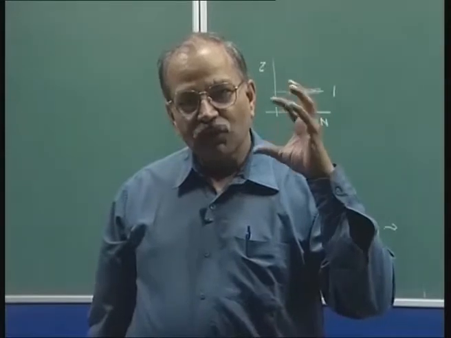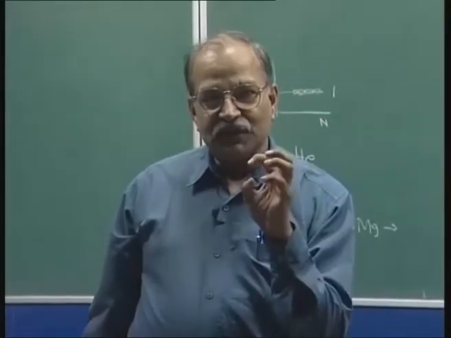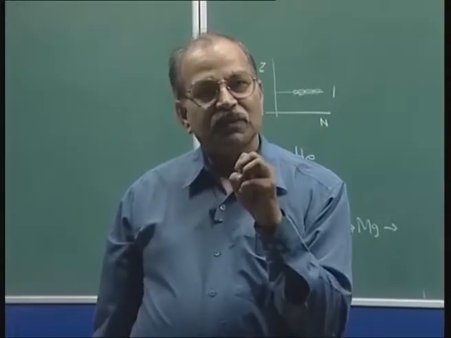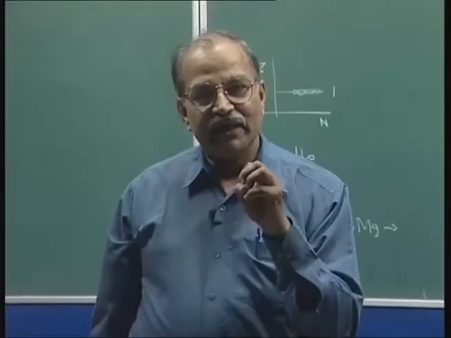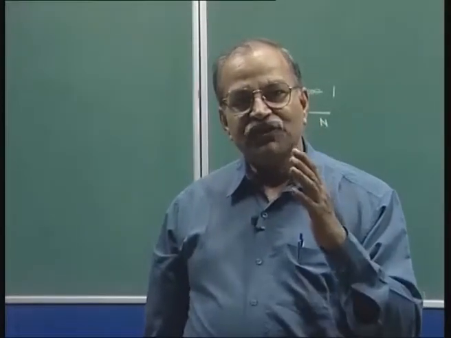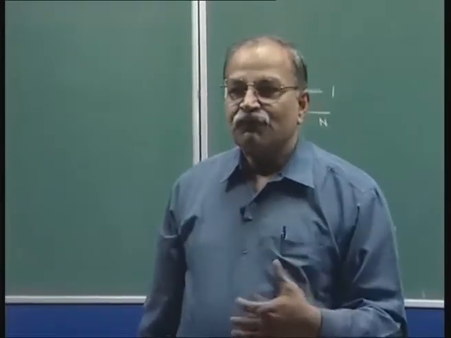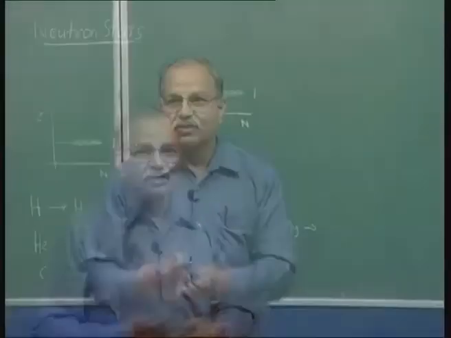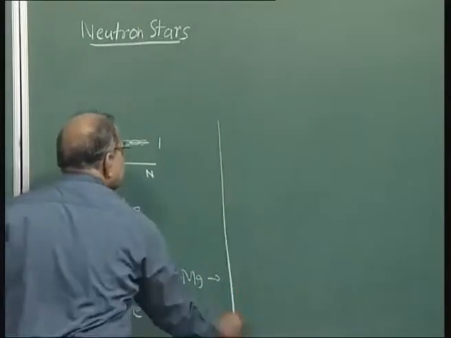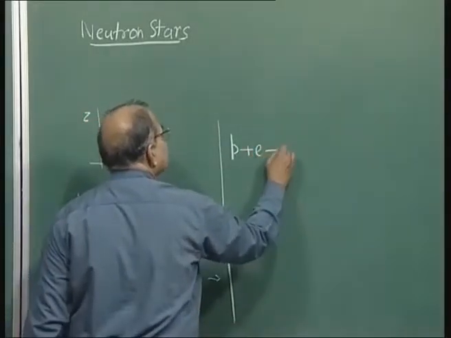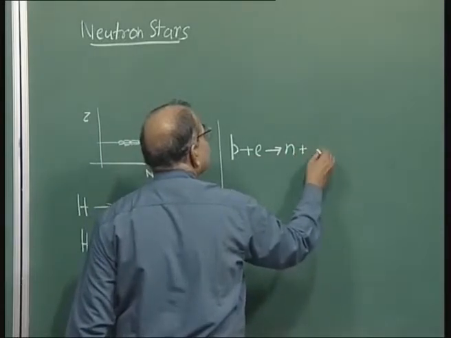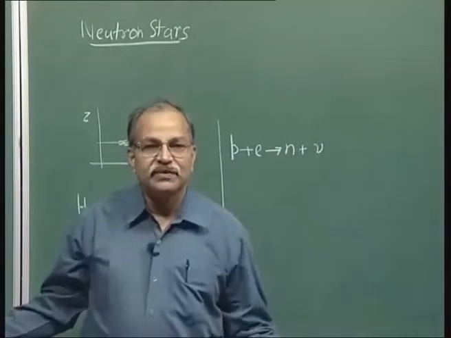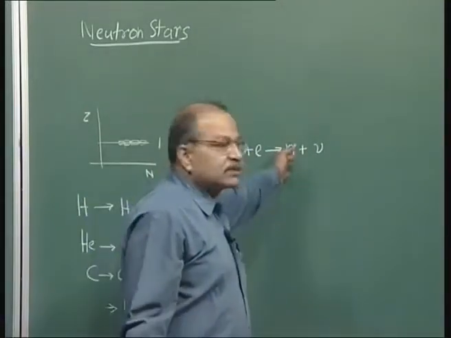But then that dense core which is left keeps collapsing because of the gravitational attraction, and the pressure builds up too high, the density becomes too high, and a stage comes where all those electrons are forced to combine with protons, and this proton plus electron making neutrons takes place, and most of the protons and electrons become neutrons and, as you know, neutrinos. The neutrinos very quickly go out of this star, and what you will have is only neutrons.